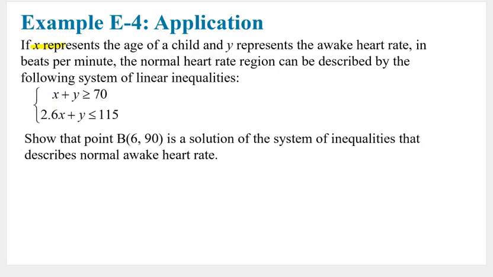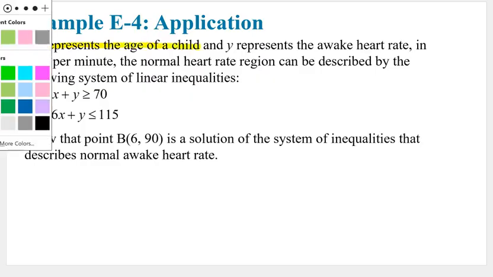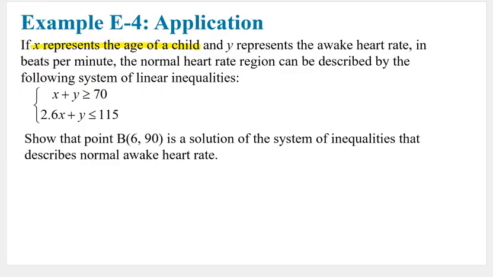So I'm going to highlight what X represents, and I'm going to change my color so that I can say Y represents the awake heart rate. All right, so it says show that the point B, which is 6, 90, so again, there's your X, there's your Y, is a solution to the system of inequalities that describes a normal awake heartbeat. So all I have to do is plug these in and make sure they work.